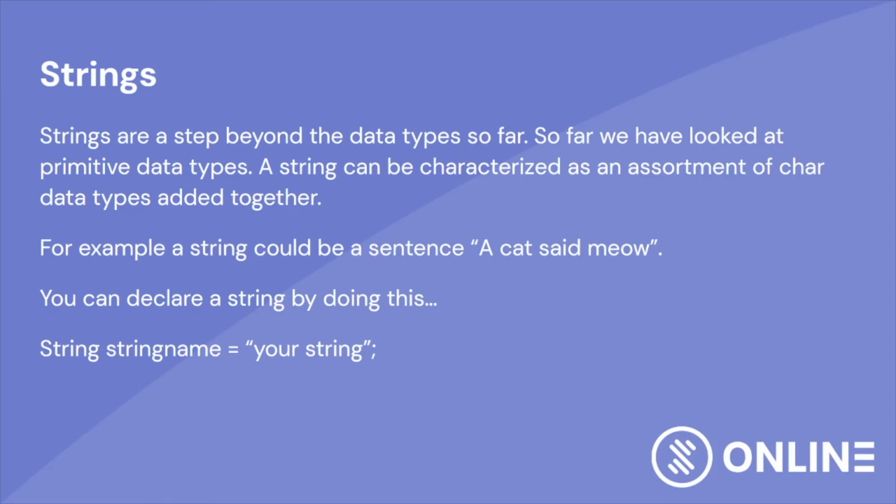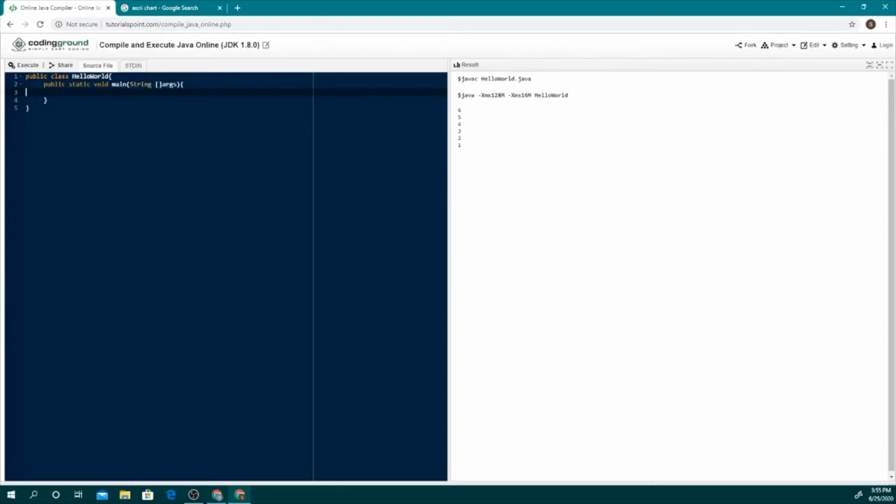You can declare a string by the same kind of thing. The type String, and then whatever the name of your string is, equals double quotes, and inside those double quotes we want to put whatever we want to say, our sentence. And we want to end that off with a semicolon, because that is the proper syntax. Let's look at that.